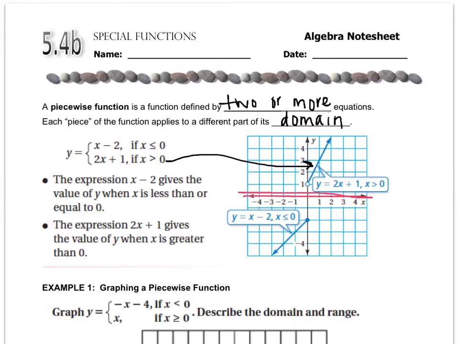When the x values are on the positive side, that's the line you look at. When the x values are on the negative side, that's the line you look at. Now, typically, the function is not always centered at 0. It can be centered at other values, so I don't want you to think it's always centered at just the positive or negative 0 split.